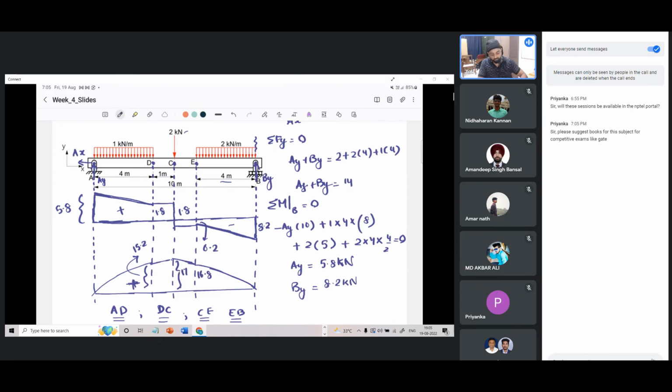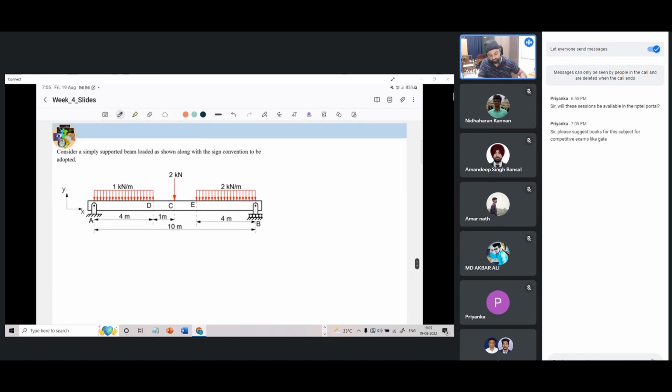What we need to do in this question is we take this as a section, then we cut some section at distance x. First, for AD, x will vary from 0 to 4. Then for DC, x will vary from 4 to 5.